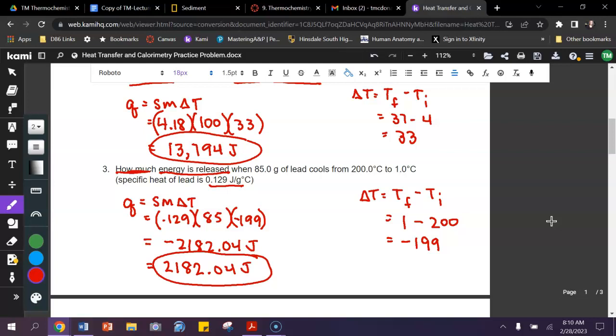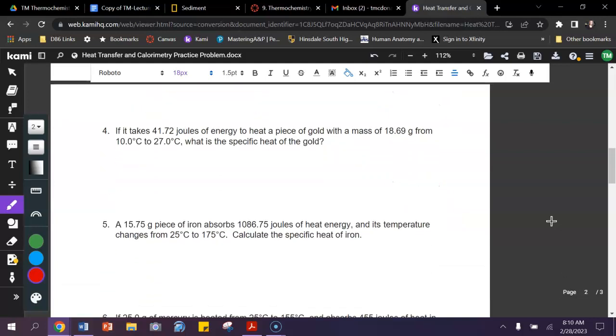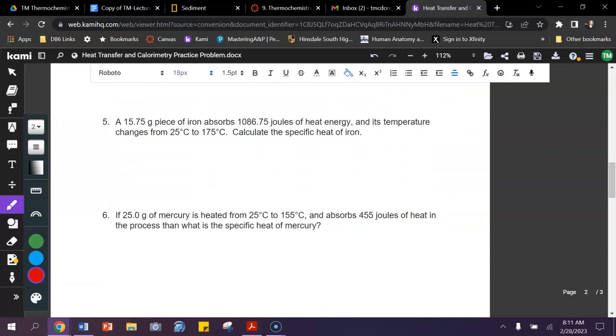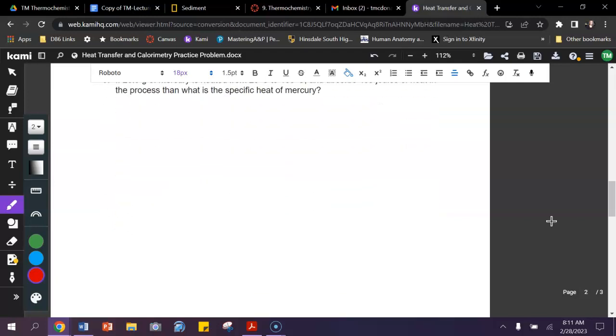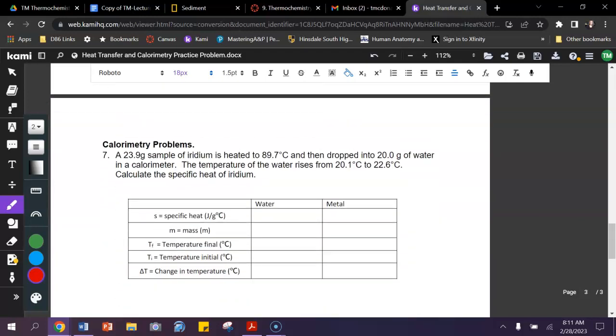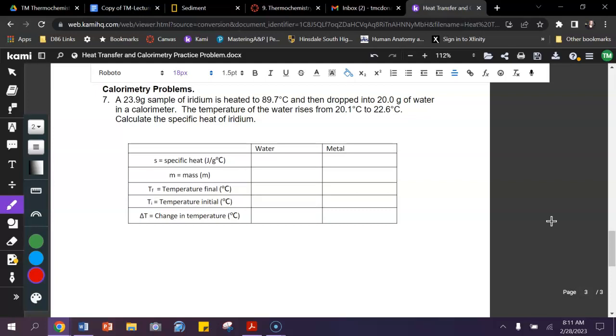Okay, so we're going to skip these and let's move on to our calorimetry problems. With calorimetry problems, what you're doing is you're taking a block of an unknown metal, heating it up, and then putting it into cooler water in a calorimeter.